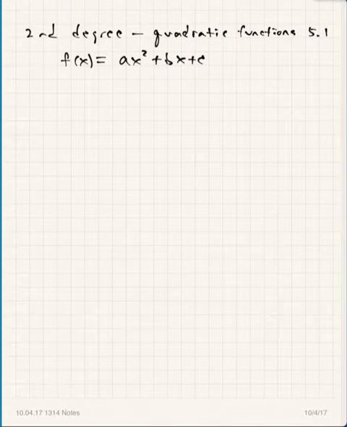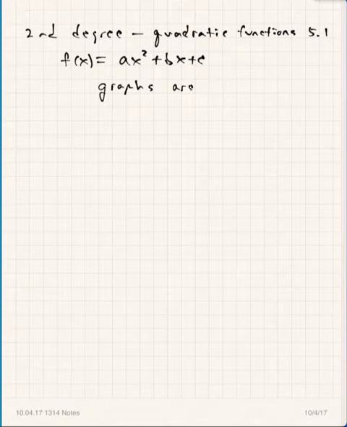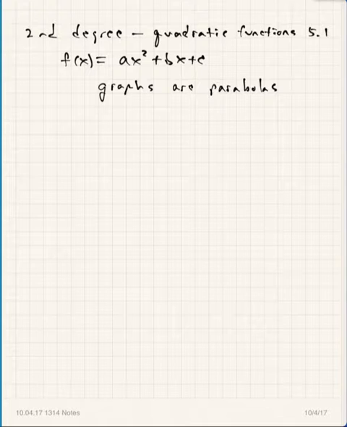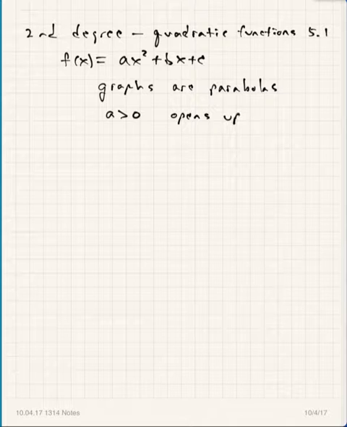What we saw was that the graphs for these kinds of functions are parabolas. And if that leading coefficient a is greater than 0, if it's positive, then the parabola opens up. And if a is negative, then the parabola opens down.